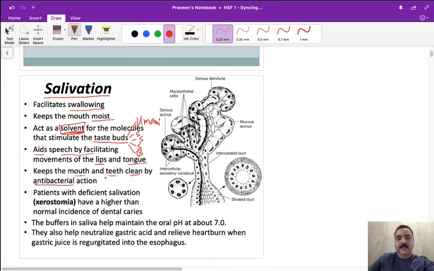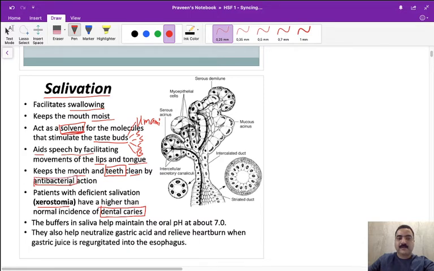If you don't have saliva, or have decreased saliva, a condition called xerostomia, the person will end up damaging the teeth, because you need saliva to keep the teeth clean. We are going to list slightly later the substances that help prevent decay of the teeth and how it brings about the antibacterial action.